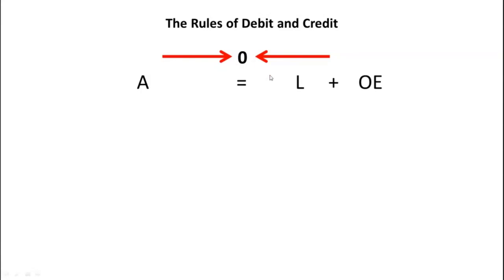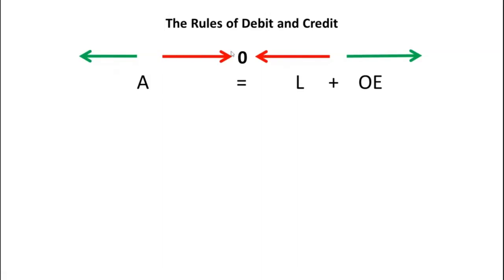And let's also say that anytime on the liability owner's equity side that we want to increase one of these two elements, we want to move away from the 0 and go to the right. And that any time that we want to increase something on the asset side, we want to go away from the 0 to the right. So away from the 0 on either side is increasing, and towards the 0 on either side is decreasing.